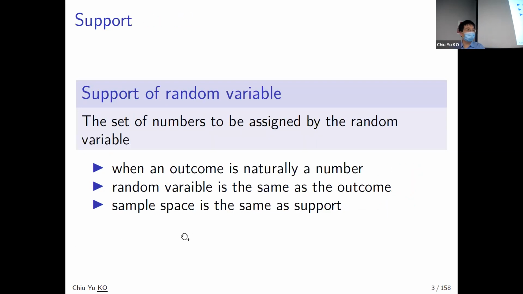And depending on what kind of number you can put in, you can divide them into discrete or continuous. For discrete, you usually use natural numbers, 1, 2, 3, 4, 5, or sometimes you include 0 because you're counting, right?